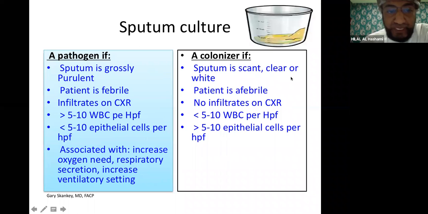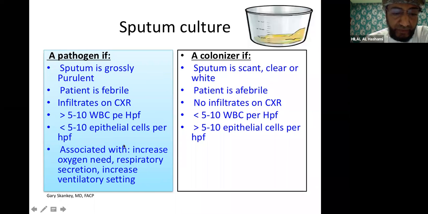For the sputum culture, you consider it a pathogen if the sputum is grossly purulent, or the patient is febrile, there is an infiltrate on the chest X-ray, or there are more white blood cells, more than 5 to 10, than epithelial cells.